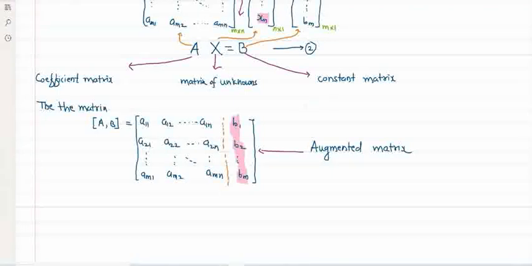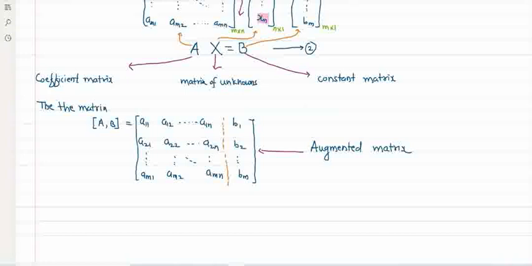If I hide this column, you cannot see it, but now I cannot hide it. Okay, if you are not going to see the last column, you are getting a matrix A. Is it correct? If you are allowing the last column, you are getting an augmented matrix AB. So to reduce our work, we are defining the new matrix, which is called the augmented matrix AB, which is obtained from a given matrix by attaching one more column to that, and that column is a constant matrix. This is called an augmented matrix.